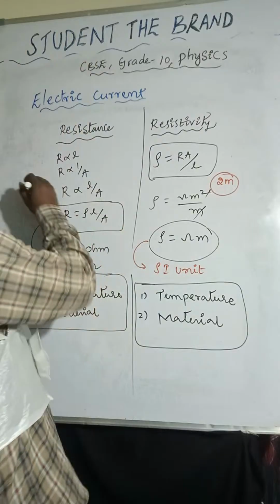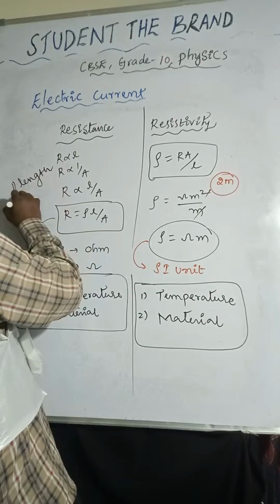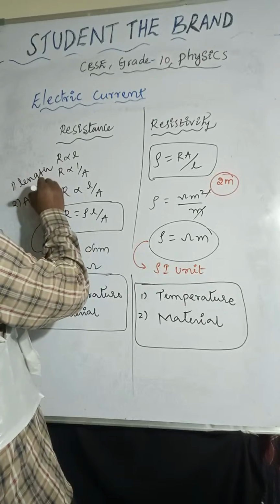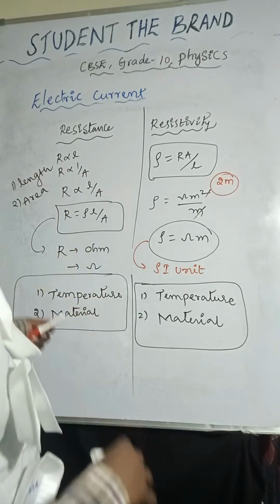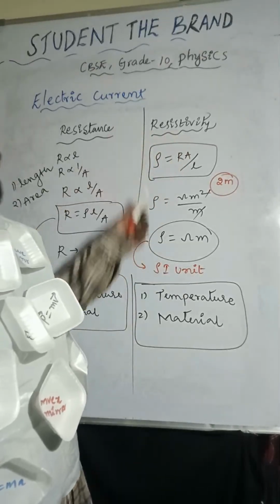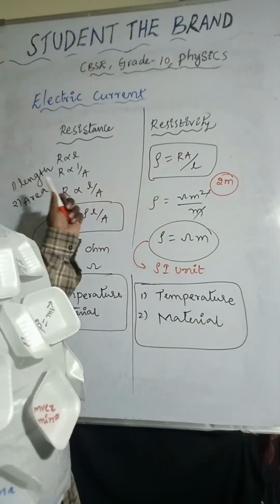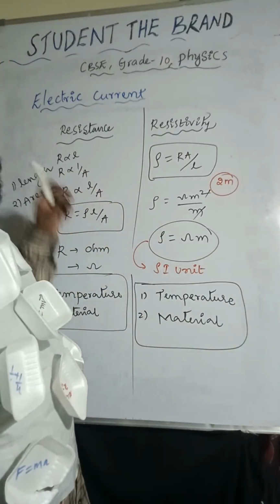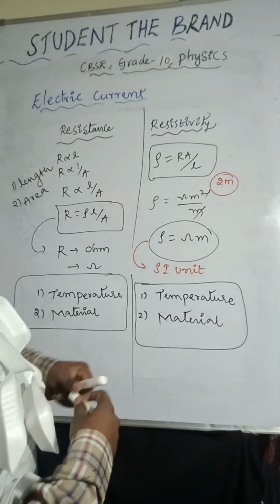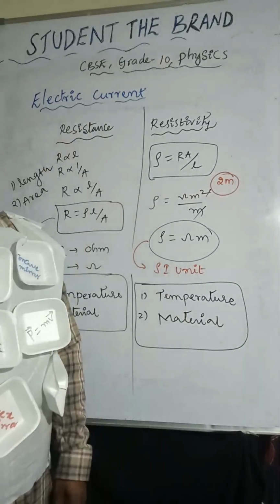Resistance depends on the length of the conductor, the area of cross section, and the temperature of the conductor. Resistivity solely depends on temperature and material, so it does not depend on length and area. Okay, so these are the depending factors and the difference between resistance and resistivity.